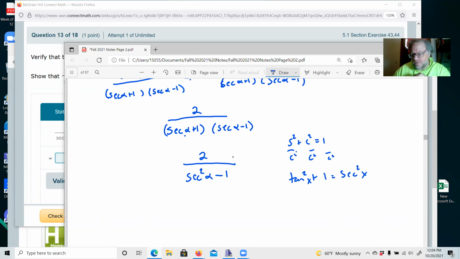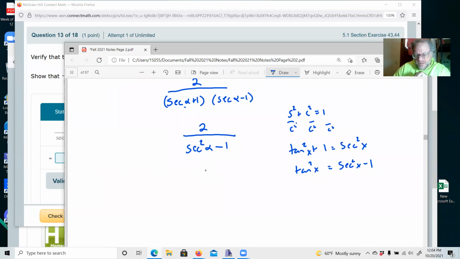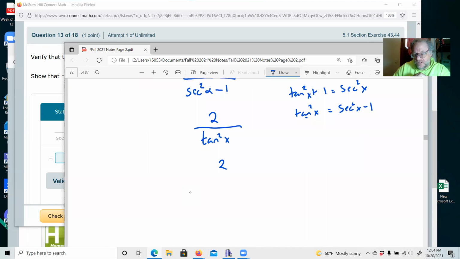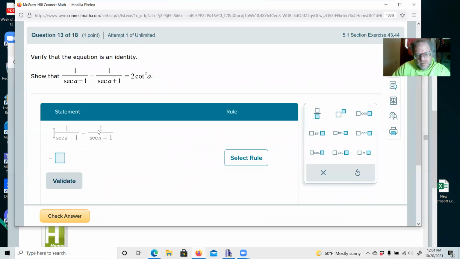So if I move this over, secant squared x minus 1 is equal to tangent squared x. So let's go ahead and say this is 2 over tangent squared x, and that's the whole minus 1. Secant squared minus 1 was tangent squared. And then 1 over tangent squared is going to be 2 cotangent squared x. And is that what we were looking for? Yeah, that's what we were looking for.